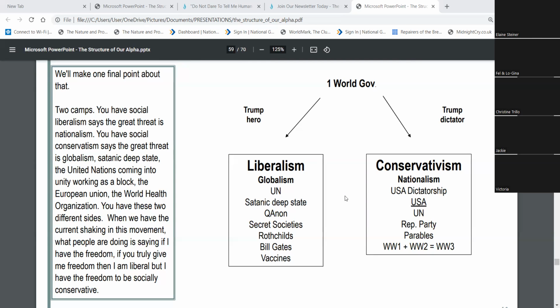When we have the current shaking in this movement, what people are doing is saying, if you truly give me freedom, then I am liberal, but I have the freedom to be socially conservative.